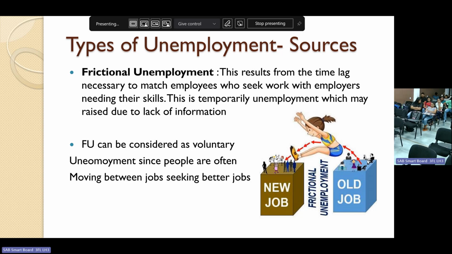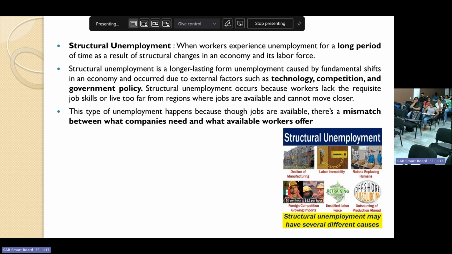And the structural, what is structural unemployment? Structural unemployment arises because of structural changes in the economy. For example, if there is a mismatch between the labor demand and the labor supply, employers expect a skilled labor category, but there is no supply to fulfill the requirements.